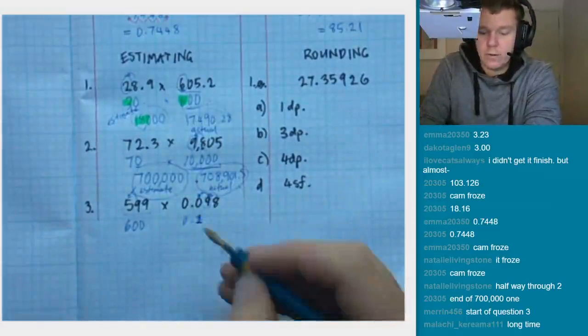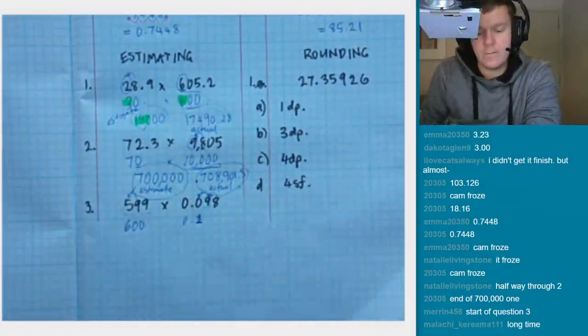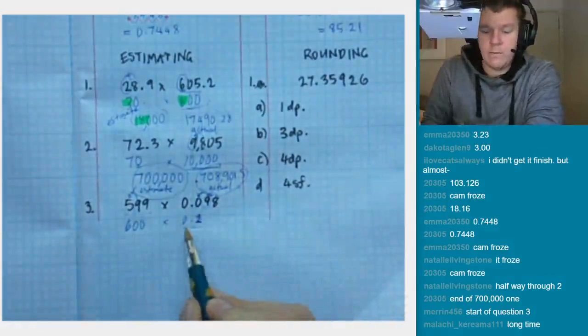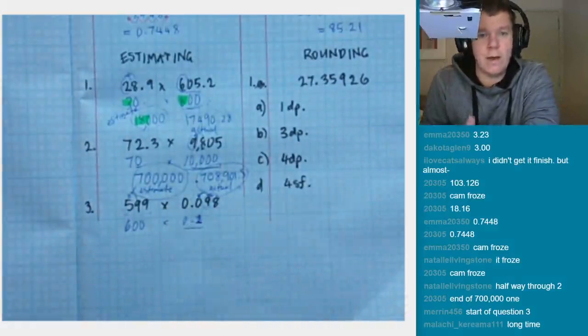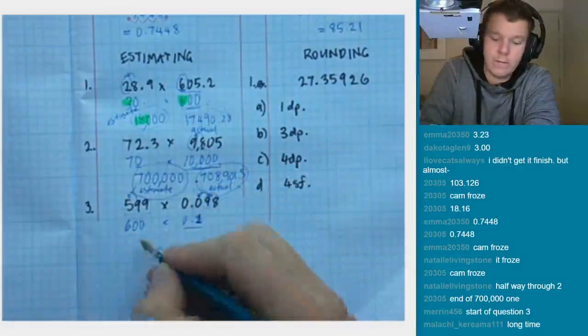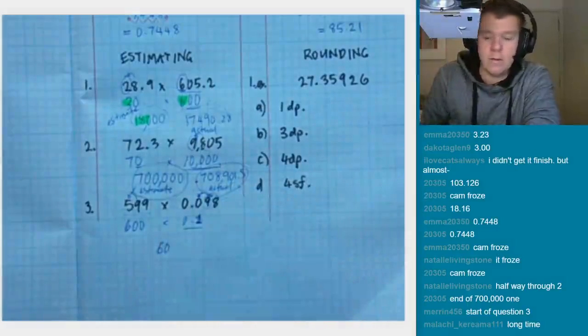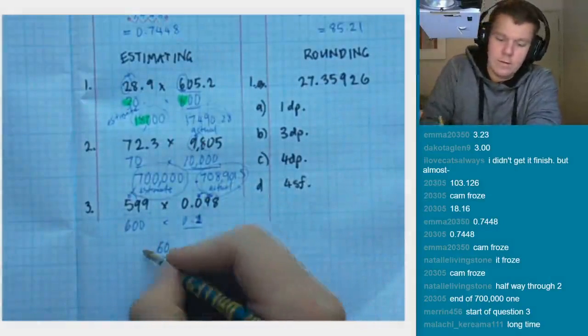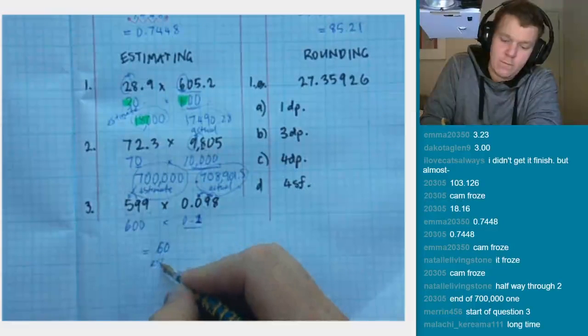So there's no longer a 0 in that decimal place. And now we know that 0.1 just moves our decimal point 1 over. So our final answer is 60. So this is our estimate.